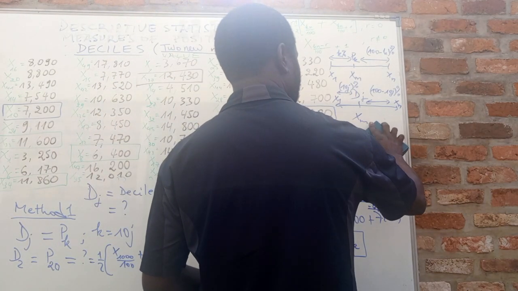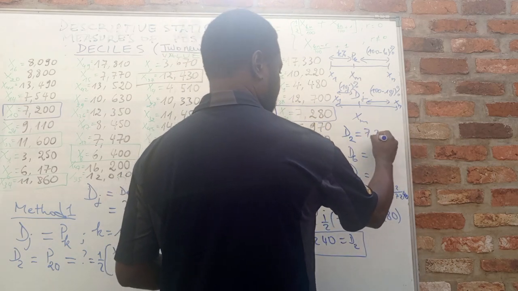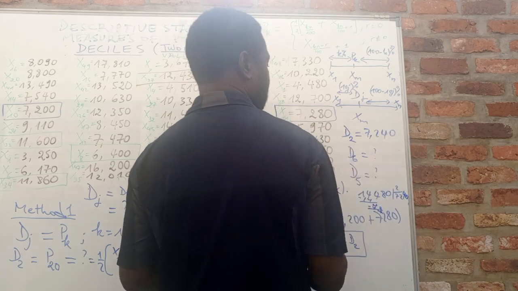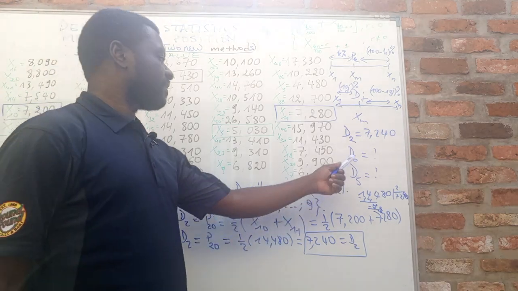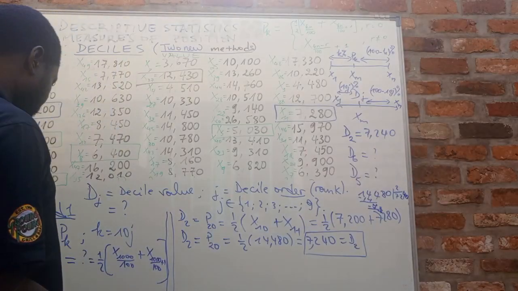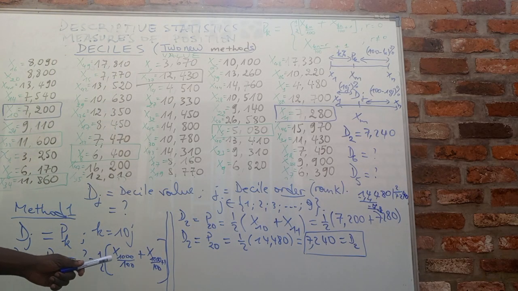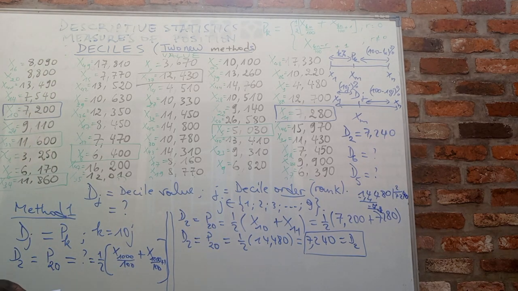Now let us calculate it for D6, the decile of order 6. The formula is going to be the same. It is for 6, so instead of 2, now it's going to be 3. 6 times 10 is 60.